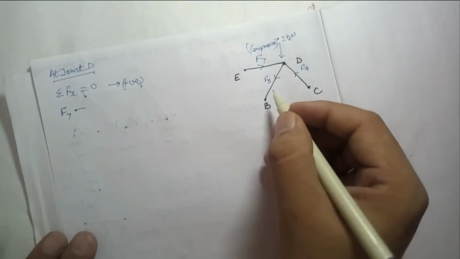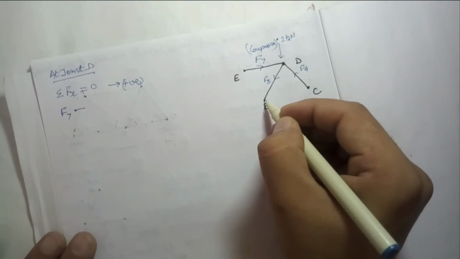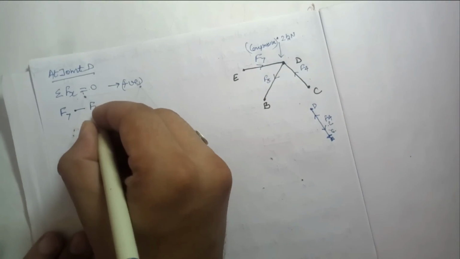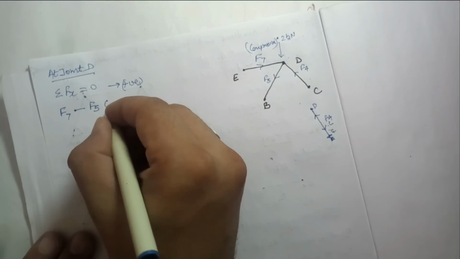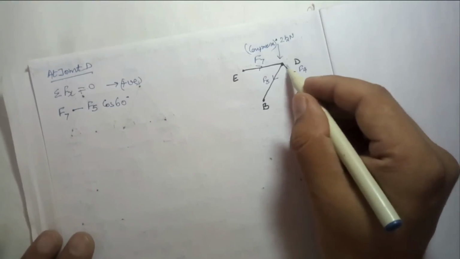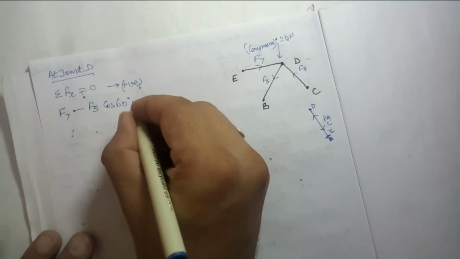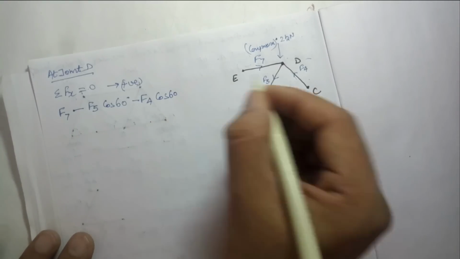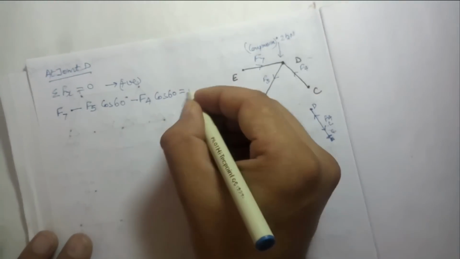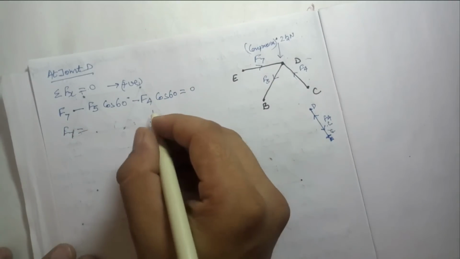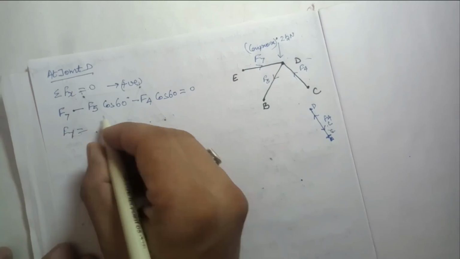Then the component of this force will be minus F5 cos 60. For this force, the component will again be in this way, so minus F4 cos 60. There is no other force in the x direction, so that is 0. So F7 is equal to, both going to that side and becoming positive, F5 cos 60 plus F4 cos 60.